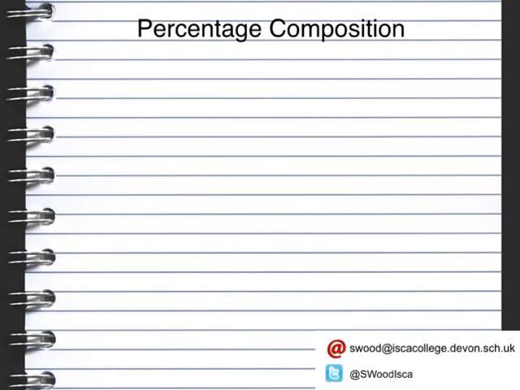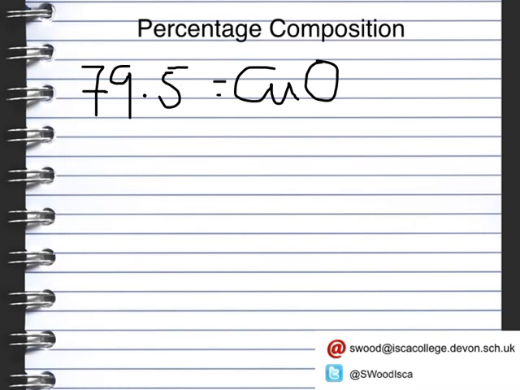Now the percentage composition of a compound is roughly what we've just looked at, where we've looked at the mass of the element in a compound, whereas this looks at the percentage of the compound. So if we take that first one that we did, which was how much copper was in copper oxide, the molar mass is 79.5 for the copper oxide.